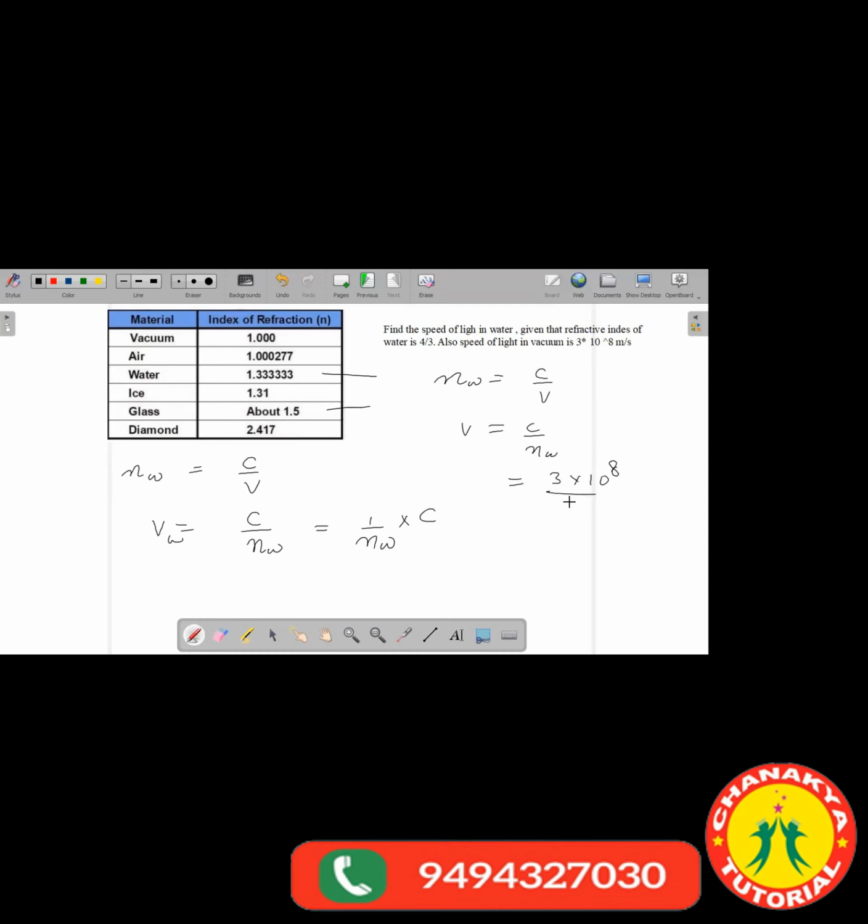The refractive index of water is given as 4 by 3, so we put 4 divided by 3. This 3 goes to the numerator. You get 9 by 4 multiplied by 10 to the power 8. Simplify it, you get 2.25 multiplied by 10 to the power 8 meter per second.